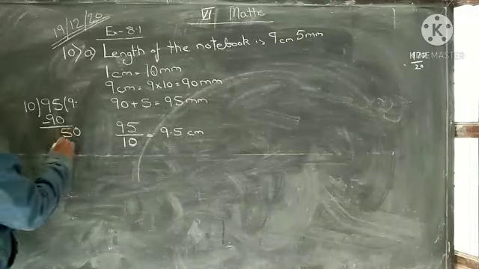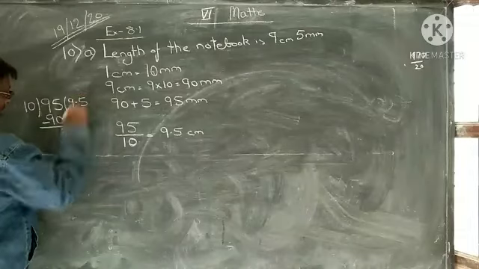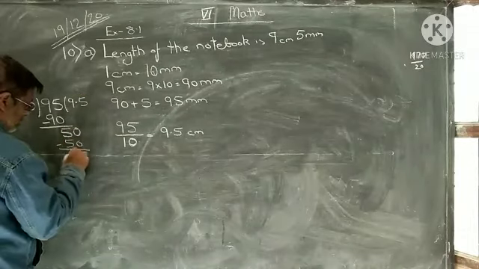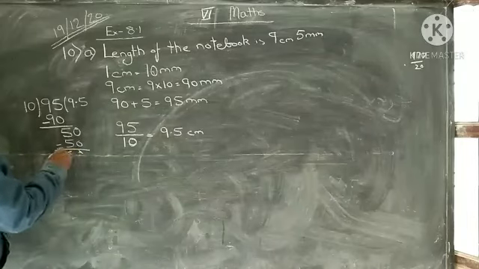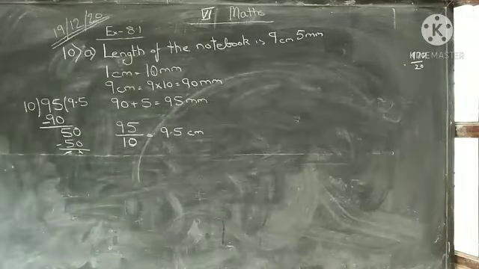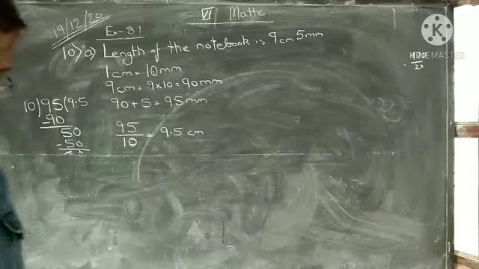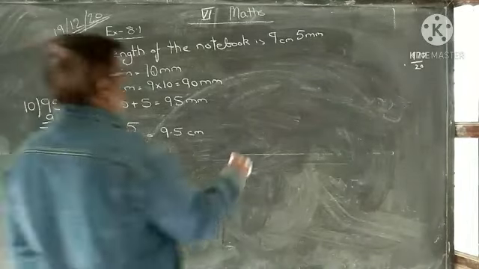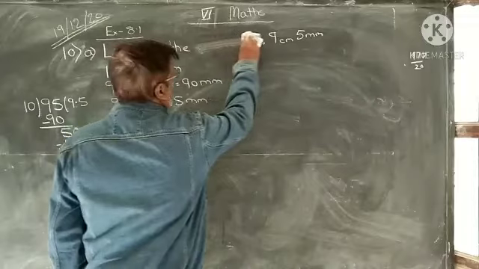It will automatically come as 50. So your answer is 9.5 centimeter. B. The length of a gram plant is 65 millimeter. Express its length in centimeter.